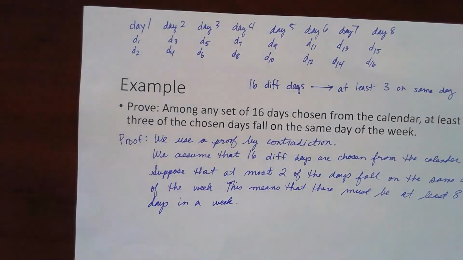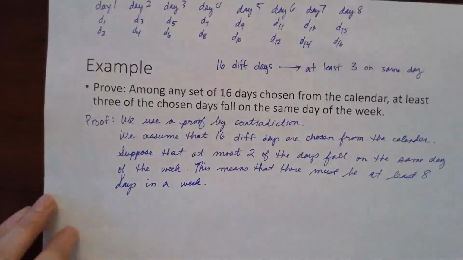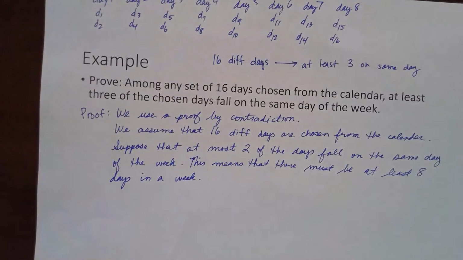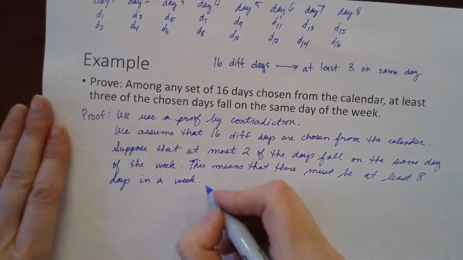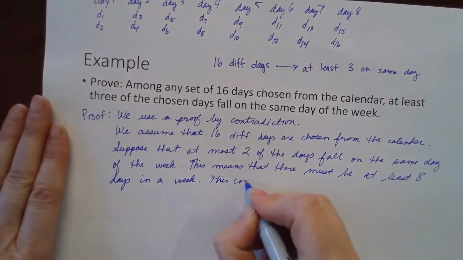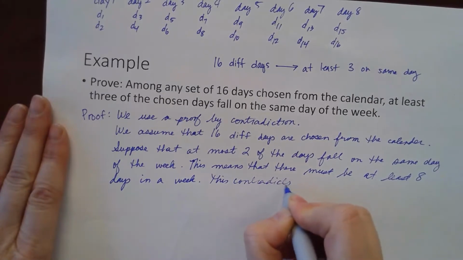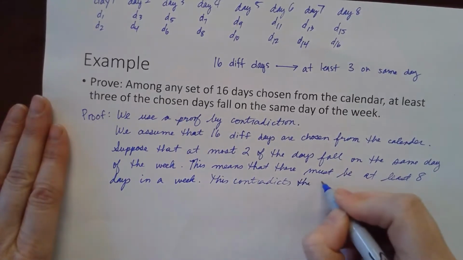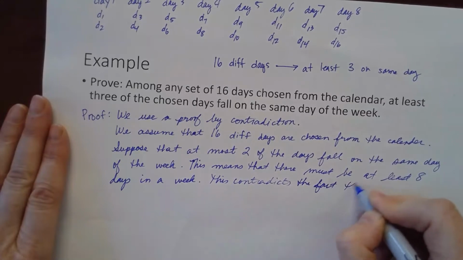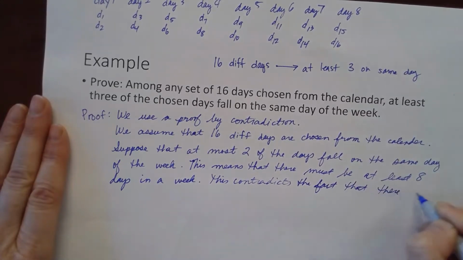Now maybe if you're a Beatles fan, but you should feel like this is a contradiction, right? So this contradicts the fact that there are 7 days in a week.